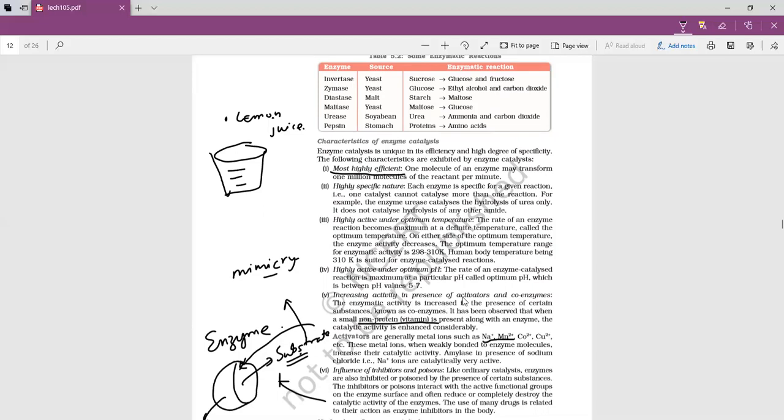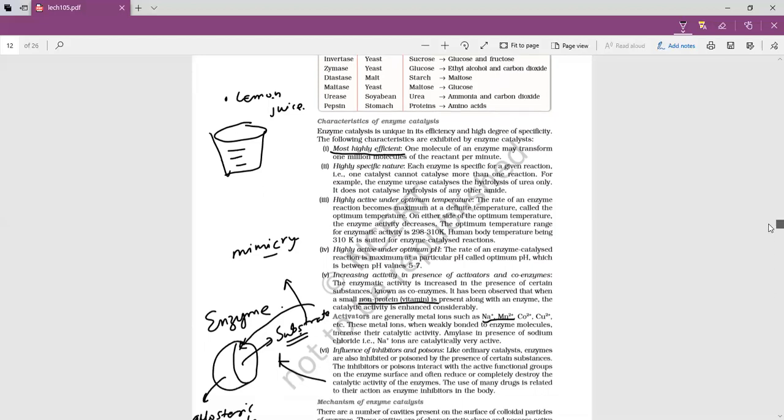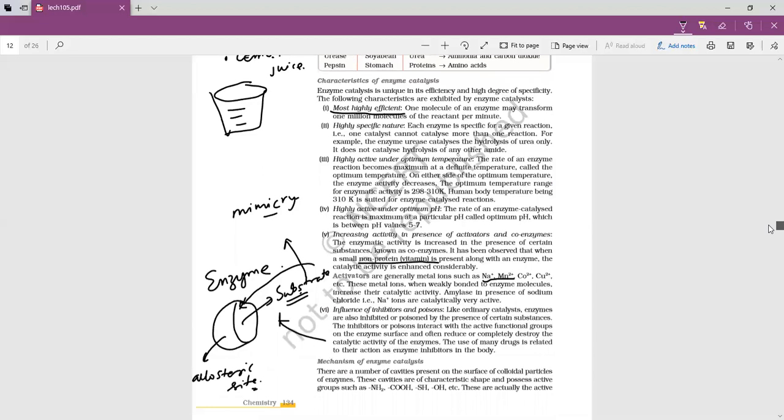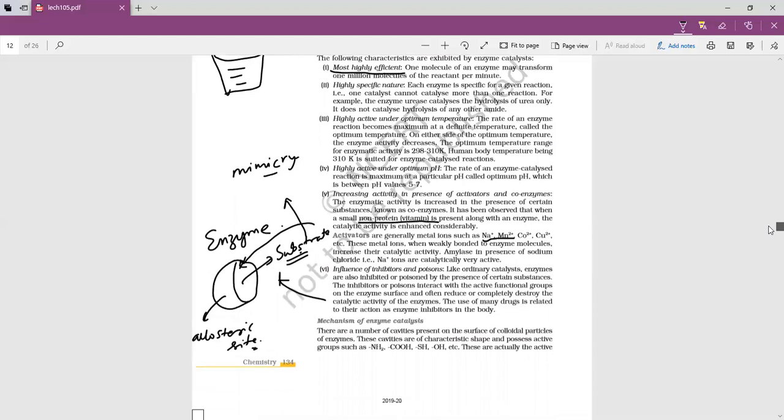Activators are the ions and coenzymes are the vitamins. These are the non-protein part of the overall enzyme. The action of inhibitors and poisons is to reduce the activity of the enzyme or to completely stop it, by destroying the enzyme or by occupying the active sites of the enzyme where the substrate can attach.